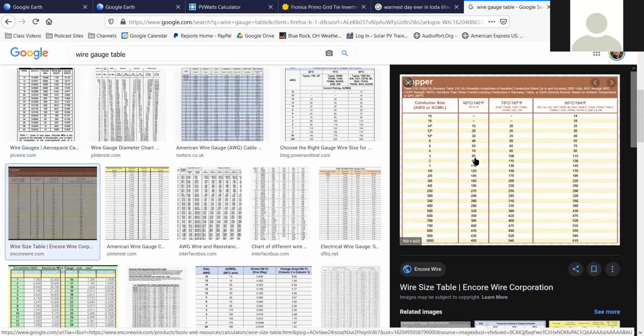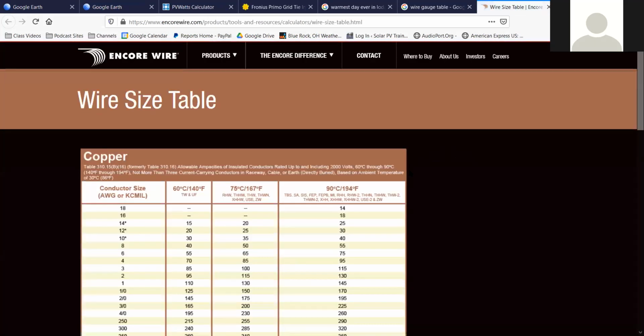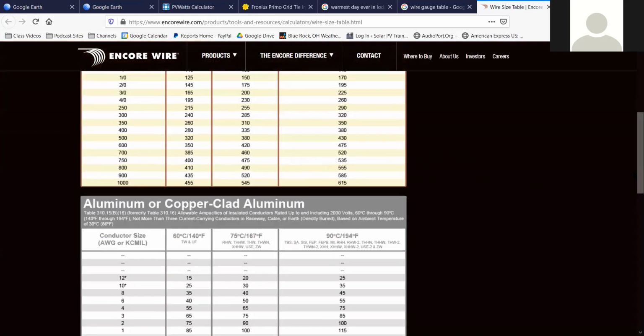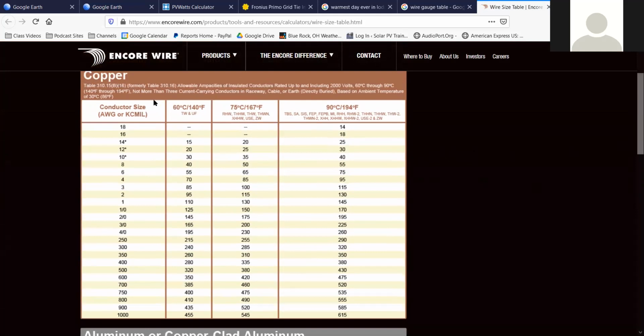All right, so if I jump in here, it's telling me conductor size, this is all copper, 12 gauge is 20 for low voltage or low heat cable, 25 for medium heat, 30 for the highest heat.